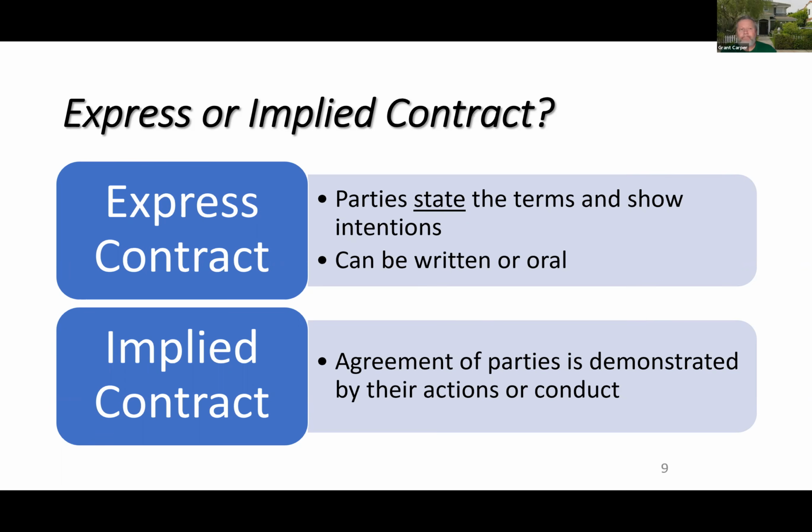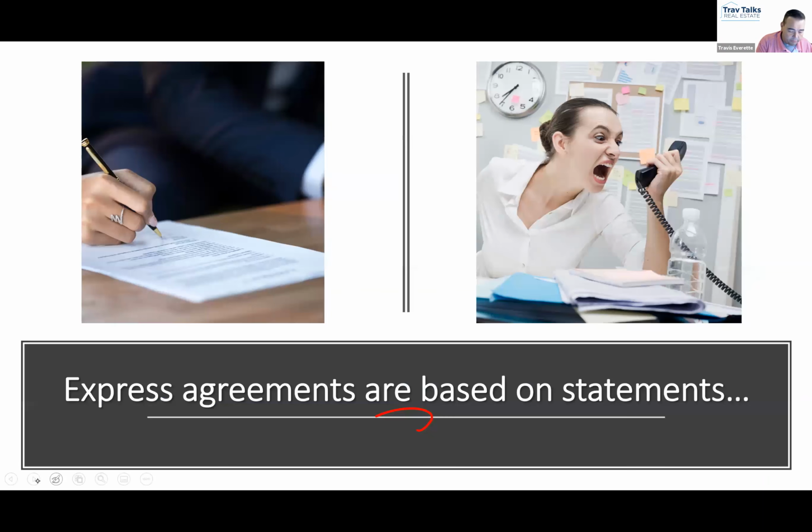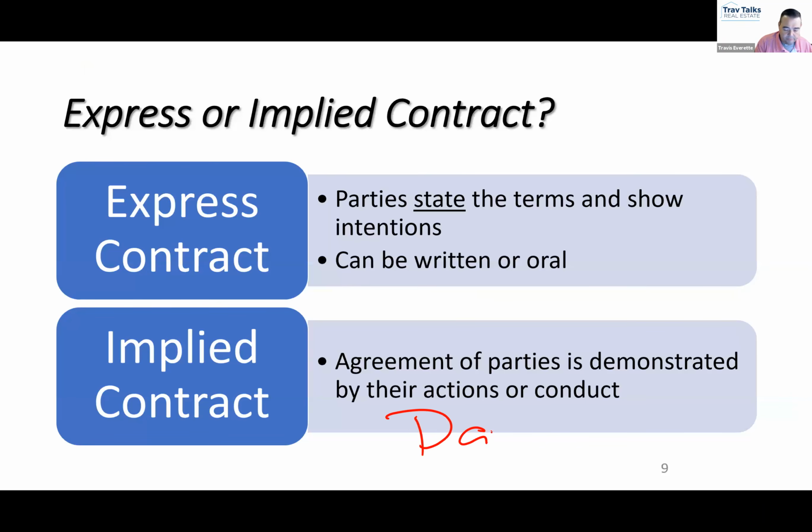Mhm. But now let me throw this question out there for you. Are implied contracts inherently sort of dangerous? Yes, because they can be interpreted different ways. Absolutely. Your word against mine. They're subjective.